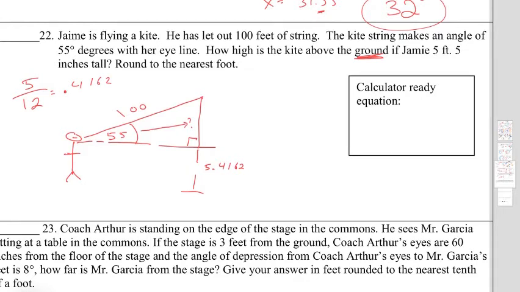And so back to this. If this is my angle of reference, across from my angle of reference is my opposite side, and then here's my hypotenuse. The function that relates opposite and hypotenuse is sine. So we have sine of 55 is equal to the opposite side, which we'll call x, over the hypotenuse, which is 100.